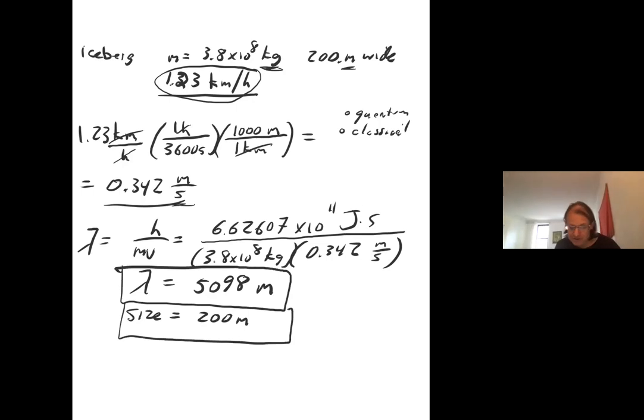So what did we say before? We said if lambda is greater than or equal to the size, then it's going to behave like a quantum particle. Here the wavelength is larger than the size.